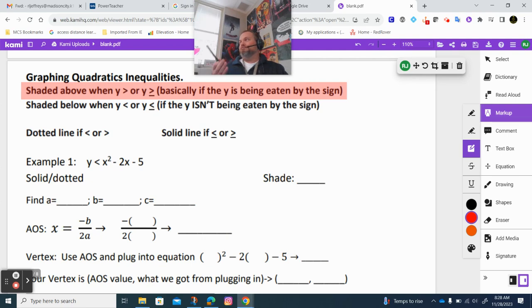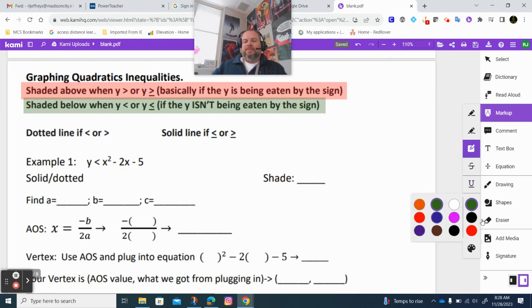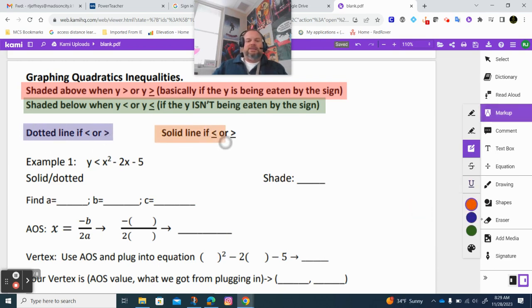Now, we're going to shade below if the y isn't being eaten. It's a dotted line if there's not a line underneath it, and there's a solid line if there is a line underneath it.